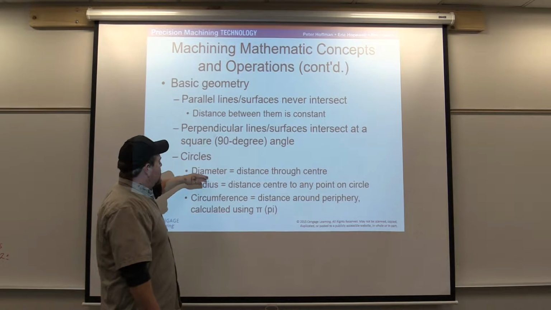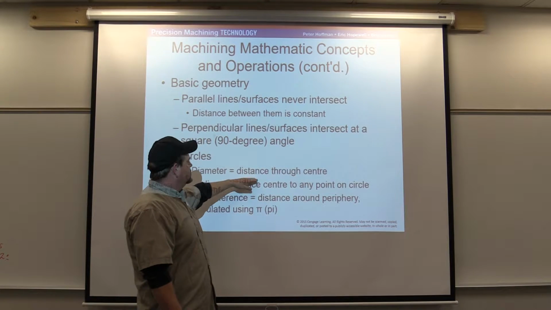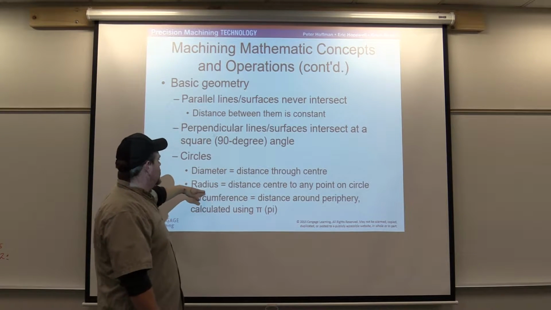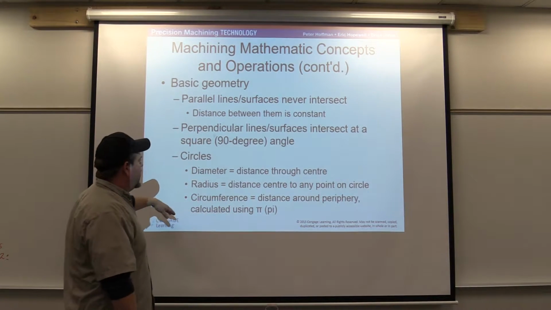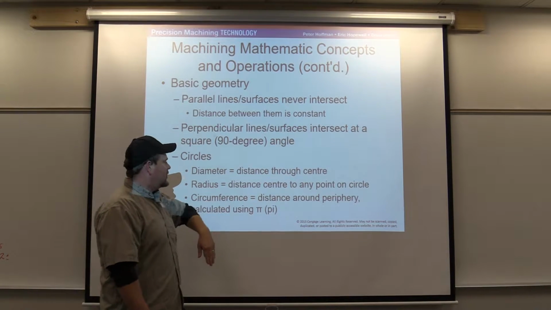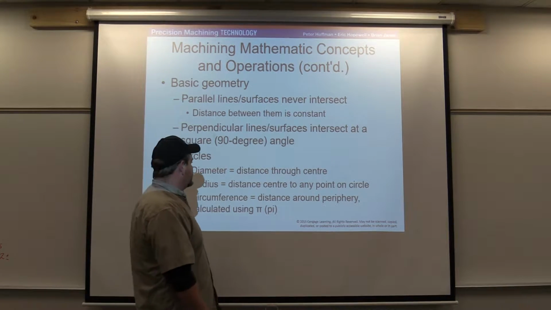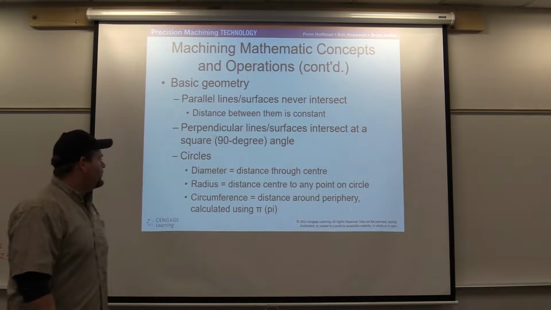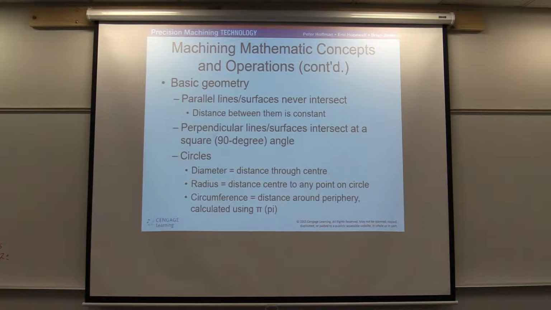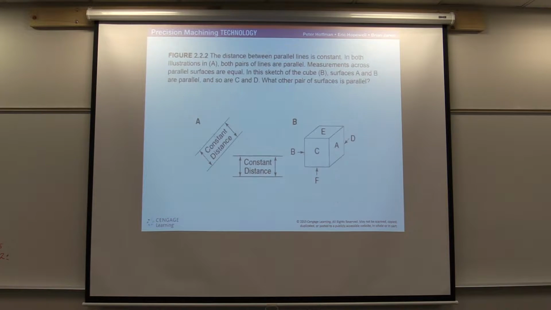And we're going to talk about circles, the diameter, the distance through the center, the radius is distance from the center to any point on any circle, and circumference is the distance around the periphery, calculated using pi. There are also some other formulas out there.